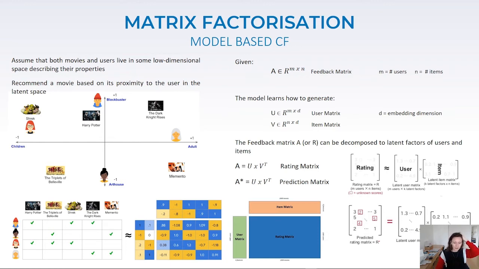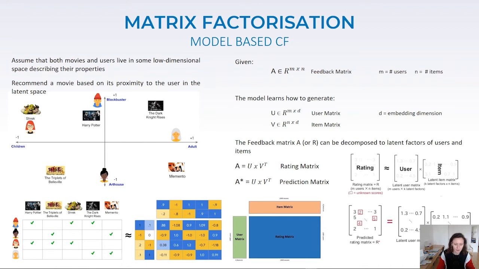To do that, we start from an item-user matrix, and we factorize the matrix. We start with a matrix A and we factorize it into one matrix for users, one matrix for items, and one matrix for ratings.